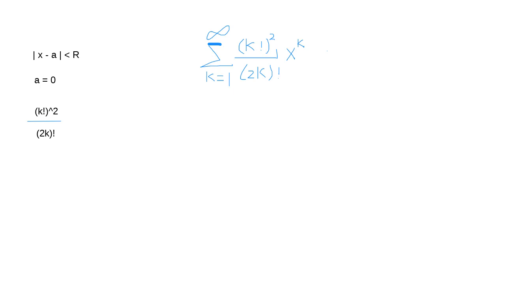So 3 factorial, which is 3 times 2 times 1, then square, which is 6 squared, over the bottom, which is 6 factorial. 6 factorial is 6 times 5 times 4 times 3 times 2 times 1. 6 squared in the numerator cancels with this, so 1 over 20. 1 over 20 x cubed.